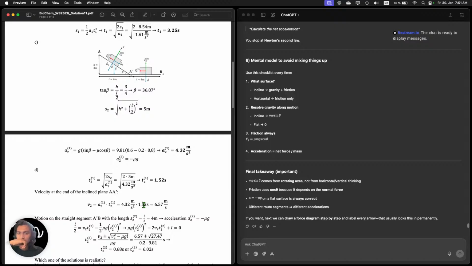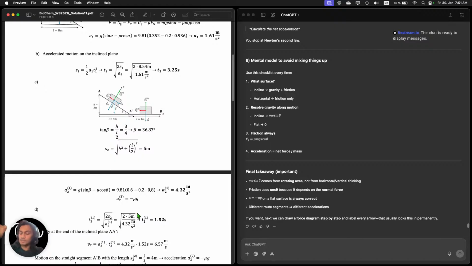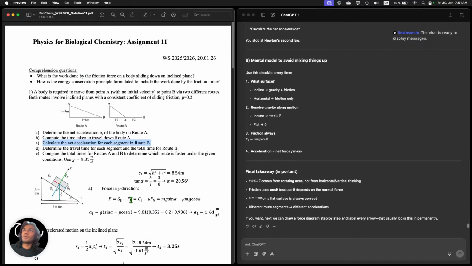I know it's deceleration, but it's minus nu g. That's it. No m nothing. I guess. Now what's the last part?